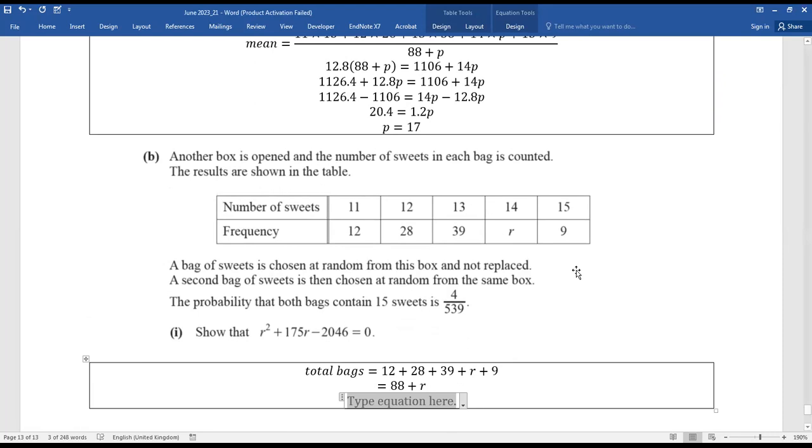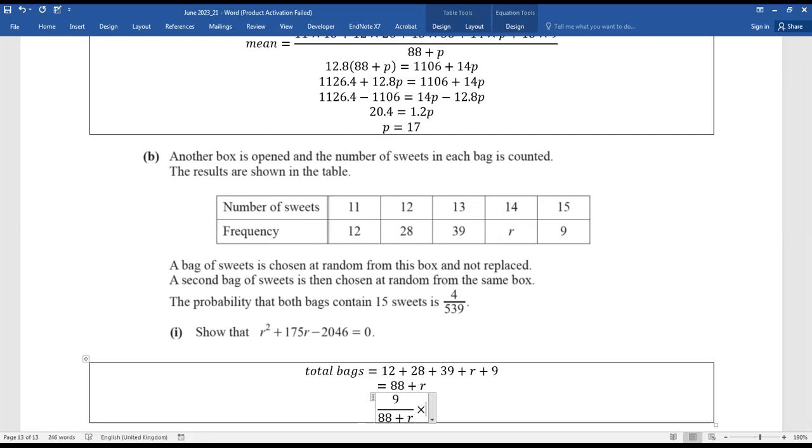So how do I find the probability if the bag contains 15 sweets? The first bag will be 9 over 88 plus R, and when I choose the second bag, it will be 8 over 88 plus R minus 1, and this answer is 4 over 539.